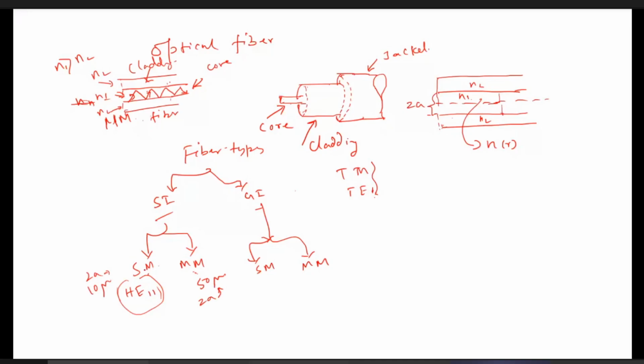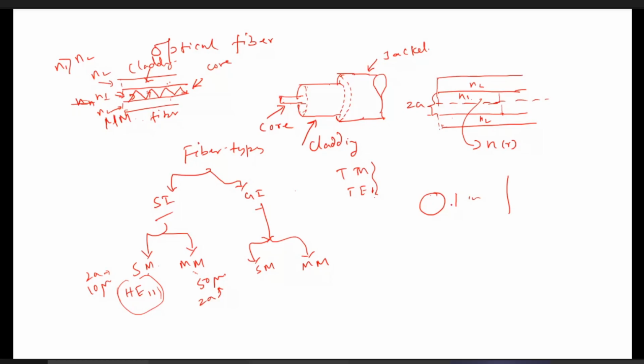That's why in this case, ray optics cannot be considered. You have to consider wave optics, because ray optics is useful when the dimension is large. Say if you consider a conventional camera lens, it is only 1 to 2.5 centimeters. Image formation is done by considering rays, right?